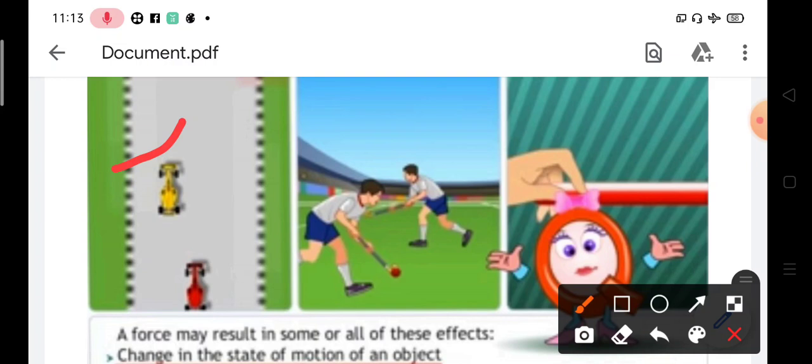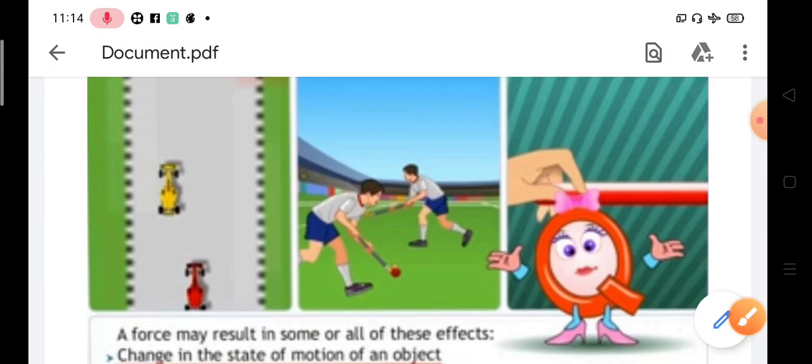You must have noticed that while playing cricket, a fielder tries to stop the ball by bringing its speed to 0. And how is this done? When the fielder tries to catch the ball, he lowers his hand. He does not move his hand upward to catch the ball, otherwise it will hit too hard. So to decrease the speed, the fielder lowers his hand and then catches the ball. Thus a force can change the speed of the object.